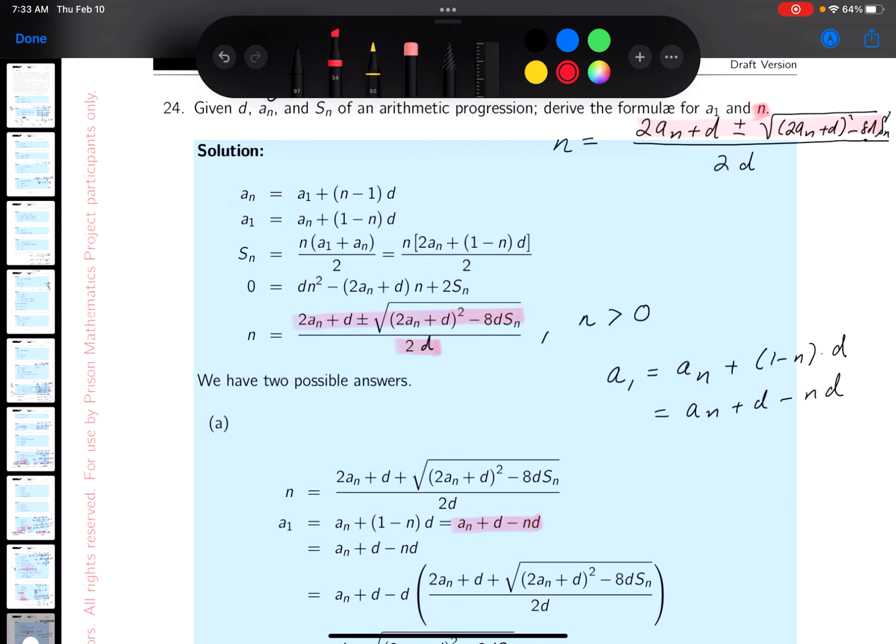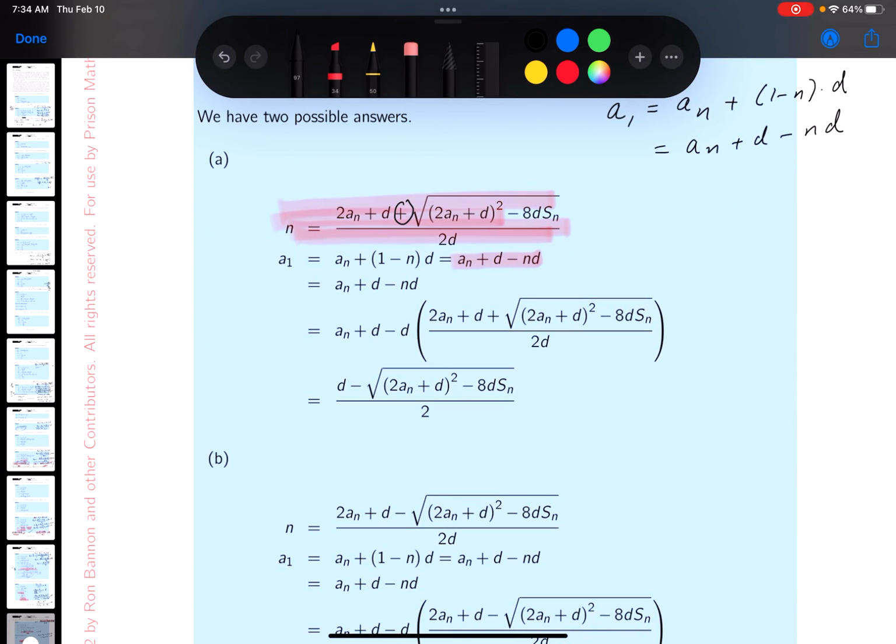By the way, I'm just recopying this over here, but I'm doing the two cases. And someone said, what are the two cases? It's plus or minus. So I put the plus down here, and the other case is where you put the minus down. But let me go through it one step at a time. Looking at it, AN plus D, and then it's going to be ND. So I wrote this over here. It's just straightforward.